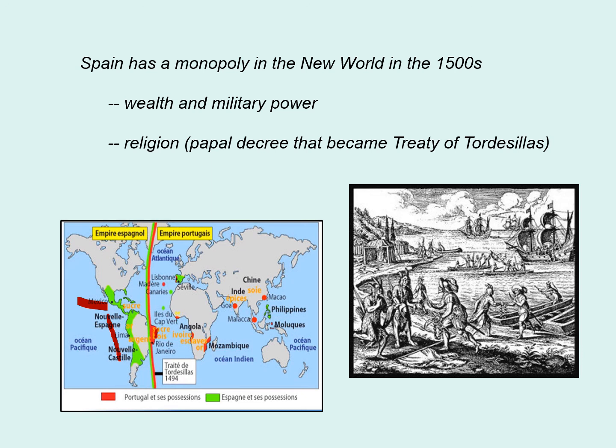But again, Spain clearly has a monopoly in the New World in the 1500s, and it's for two reasons. First of all, Spain is the wealthiest nation on the face of the earth by this point, by 1500. All the wealth, all the gold, all the silver that they were able to extract and loot and take back to Europe will make Spain the richest country on earth.